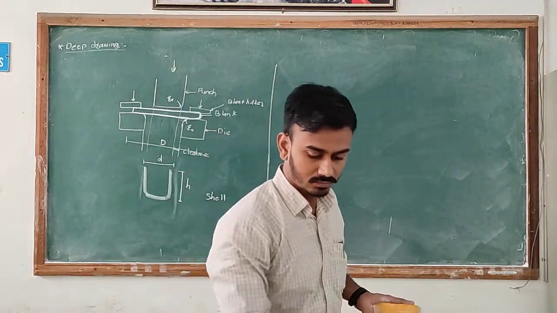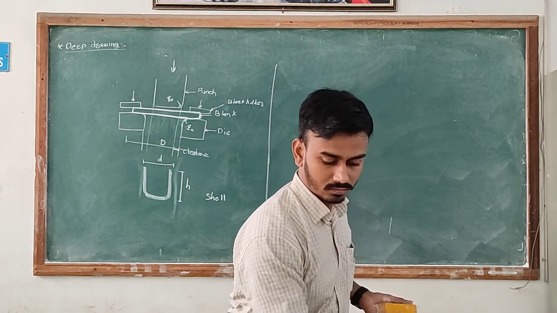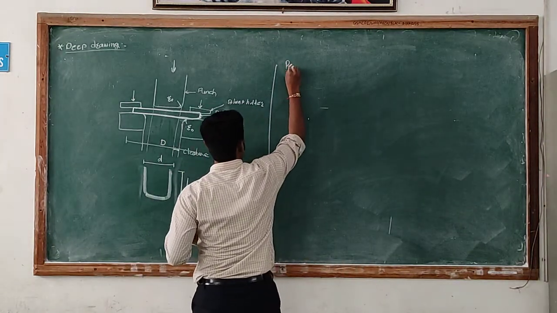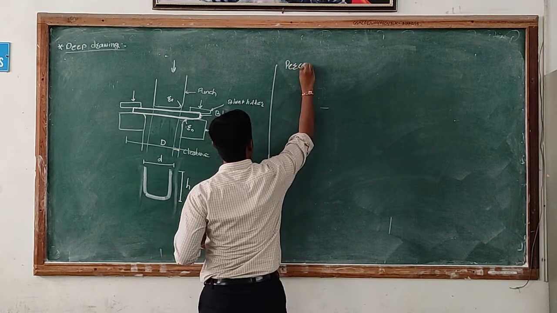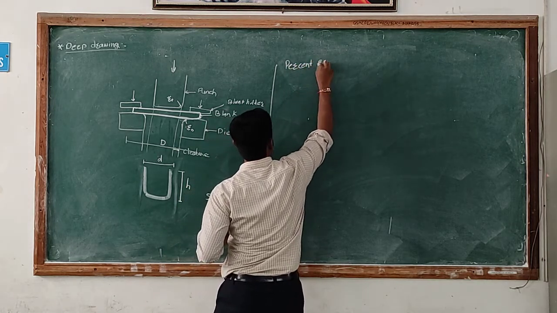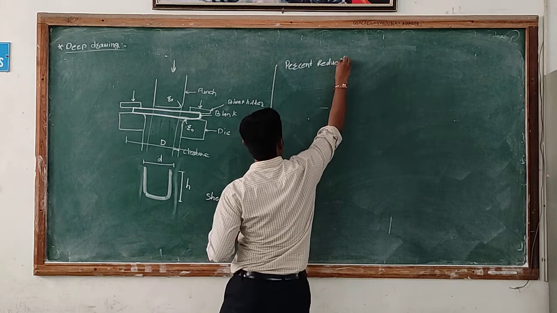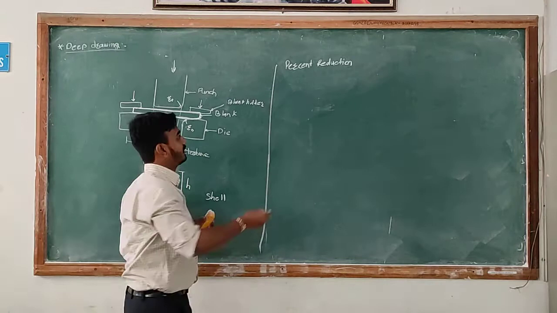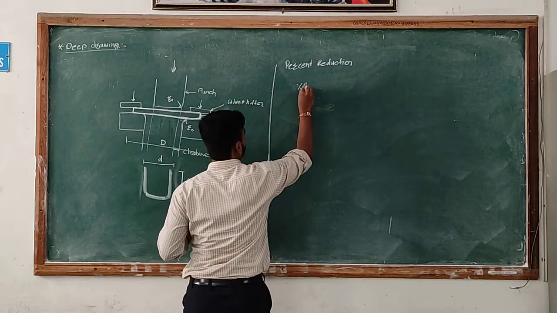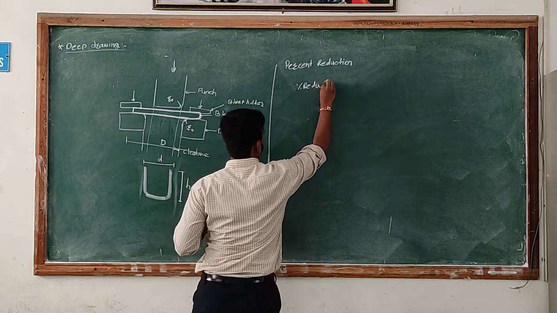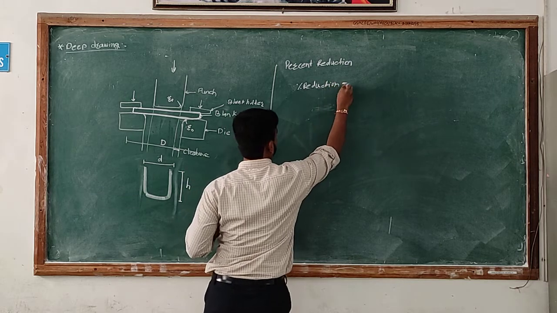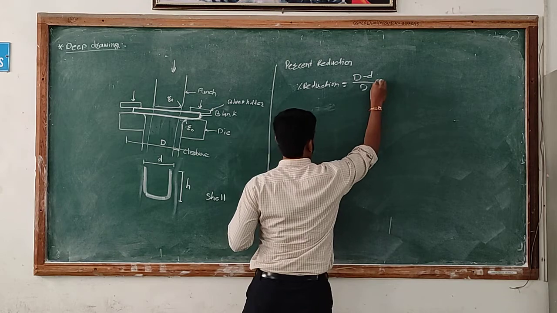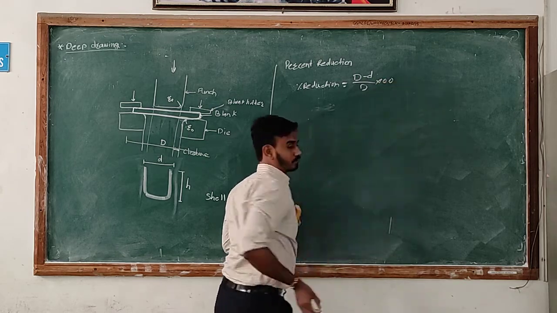Now we will discuss the percent reduction. What is meant by percent reduction? Percent reduction has a formula: it is equal to capital D minus small d, divided by capital D, into 100.